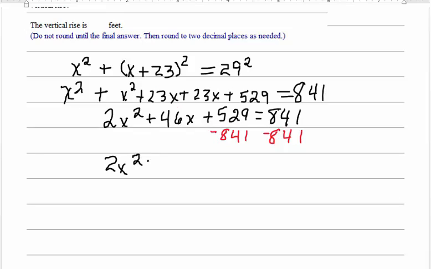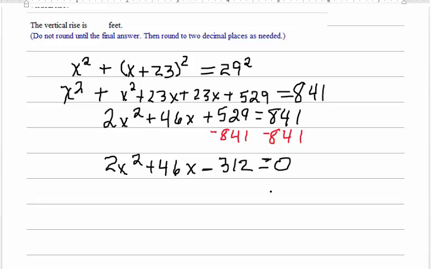So 2x squared plus 46x minus 841 plus 529, I actually wind up getting a minus 312 here.